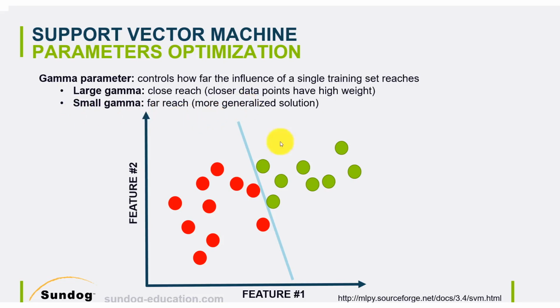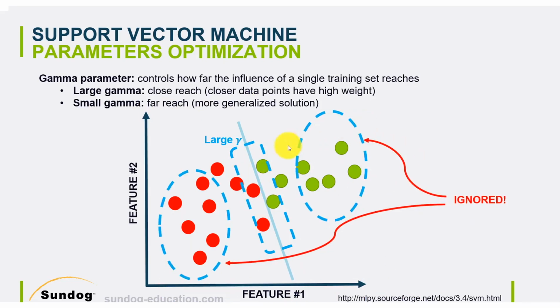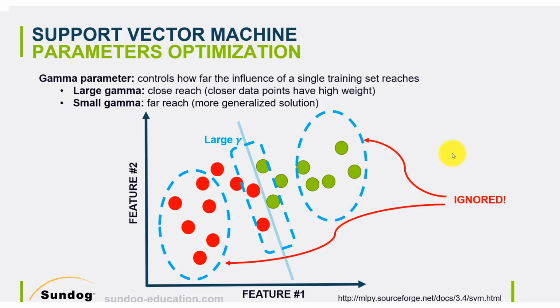If I have a large gamma, I'm going to focus mainly on these points, and I'm going to ignore these other points that are far away. The closer points are going to be the main focus, which means I might actually overfit the data, because I'm focusing only on the points very close.